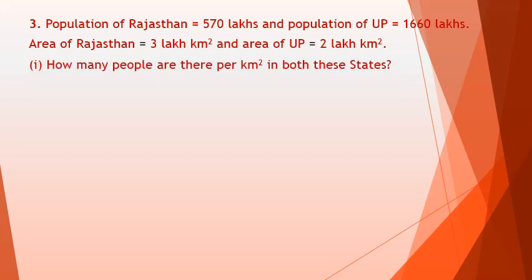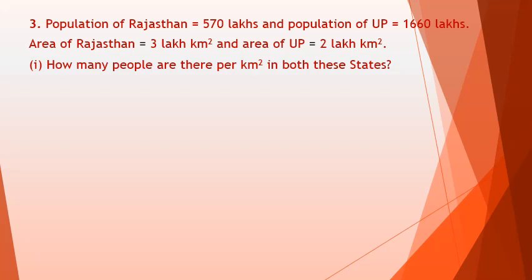How many people are there per kilometer square in both of these states? And the second part of the question is, which state is less populated? So here we have to find out how many people are there per kilometer square. That is, in 1 kilometer square, how many people live in Rajasthan and UP.